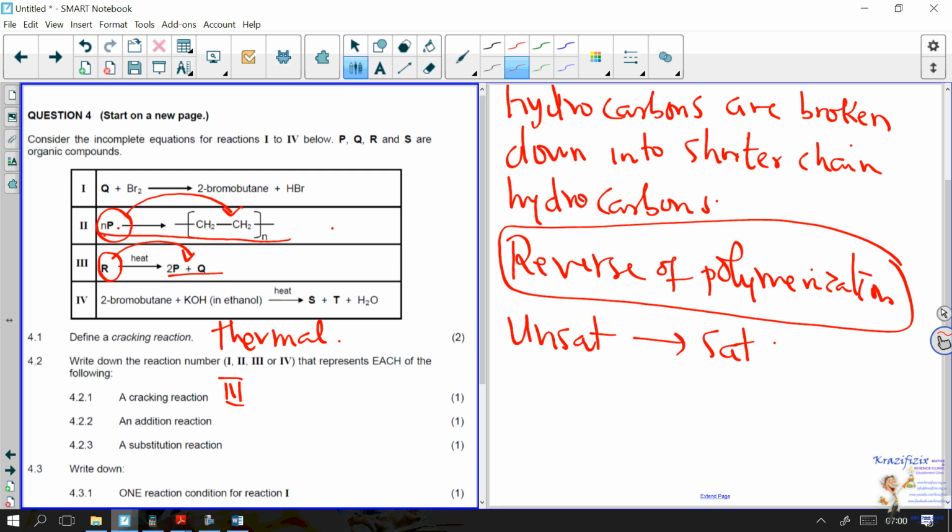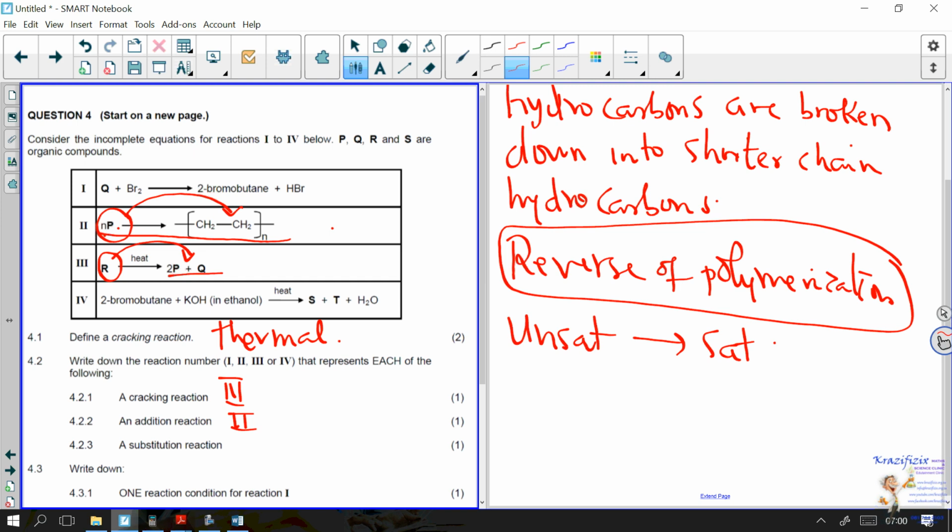So the addition reaction there is 2. Addition from unsaturated to saturated. A substitution reaction, you actually start from an alkane to another alkane, saturated to a saturated. Which one will it be?